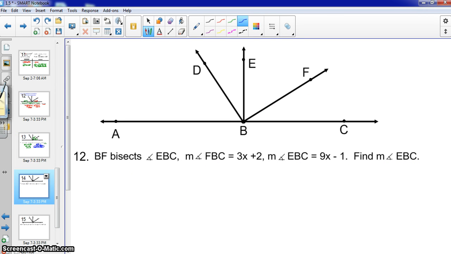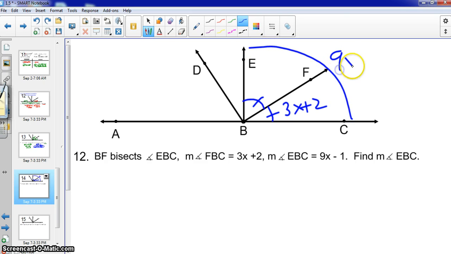In the next problem, I'm given that BF bisects angle EBC, which creates two congruent angles. And I'm given that this angle is 3x plus 2, and the entire angle is 9x minus 1. Similar to the first one that we did with the midpoint, if I know that these two angles are congruent to each other, that means I can also mark this angle as 3x plus 2, and then together the two of them form the 9x minus 1, giving me an equation to solve.